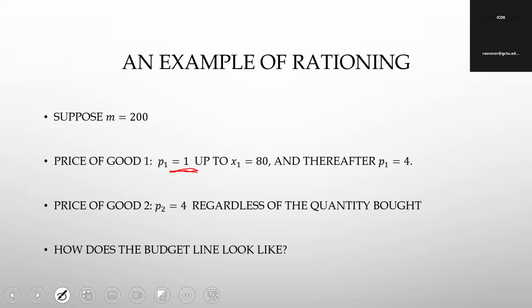Anything after 80, you pay what? 4 cedi. Have you seen the logic? Government is trying to prevent an individual from buying all and harboring it, and then thereafter selling it to make a profit, because government knows that maybe rice is in short supply. Then you say, okay, sugar, regardless of the quantity, it is still 4 cedis.